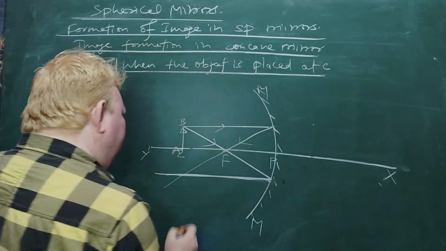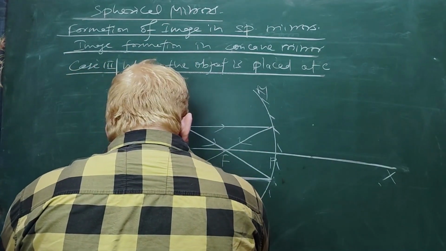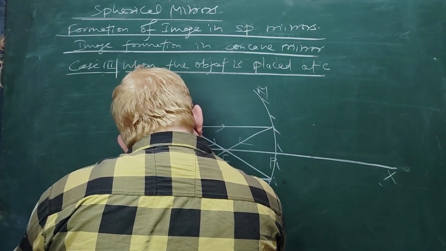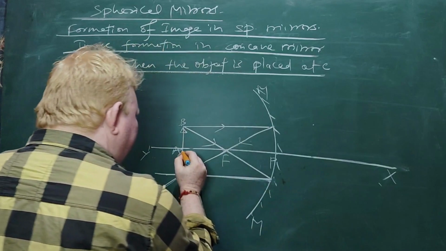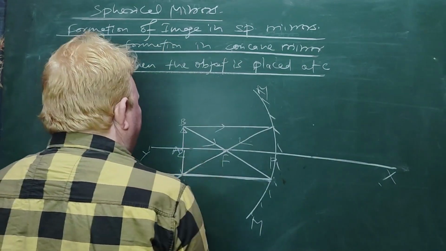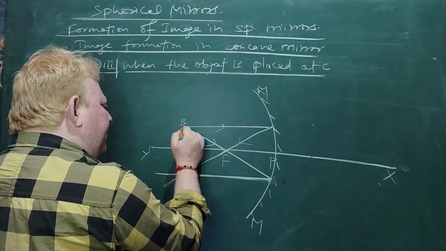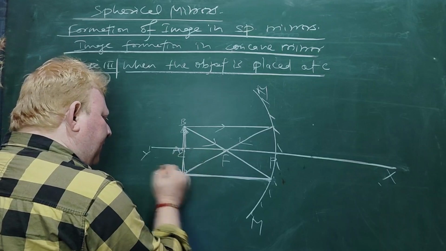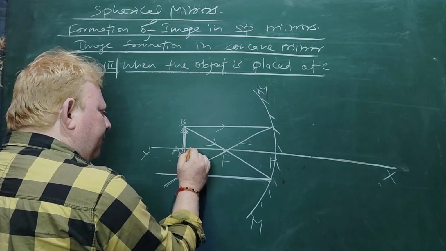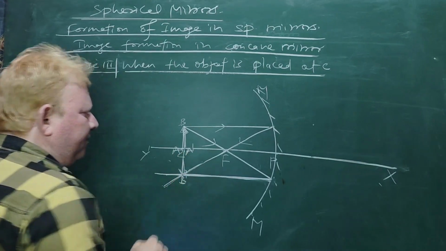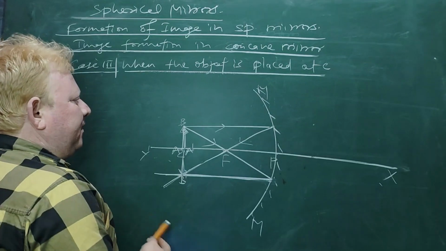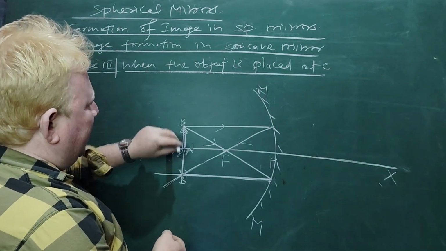It is passing somewhere here. Okay now? Here, and here image will be formed. So if it is AB, then this will be A dash B dash. And you can see height of object is equal to height of image.